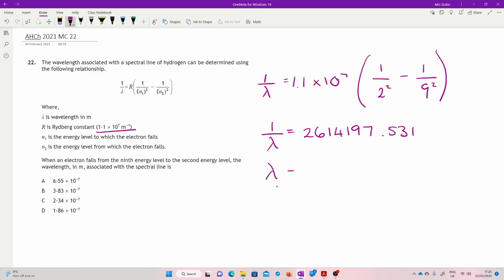To get lambda, I'm just basically flipping this, so 1 over this. 197.531 got me pretty close. I got to 3.82 times 10 to the minus 7, which is good enough for me to say it's 3.83.